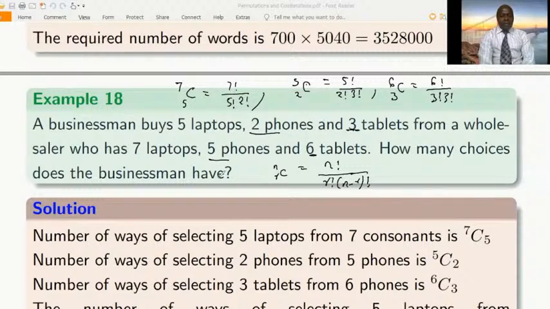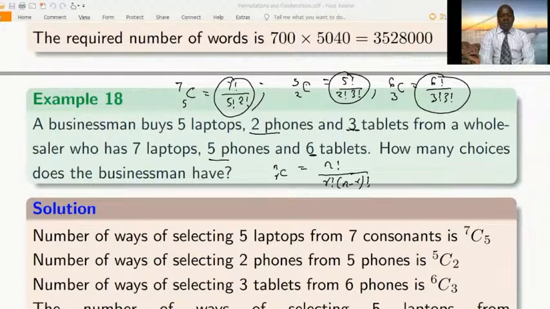Now, since this businessman wants to buy these tablets and go with all of them at home, the result that we need is therefore the product of this times this times this. That is the required answer.